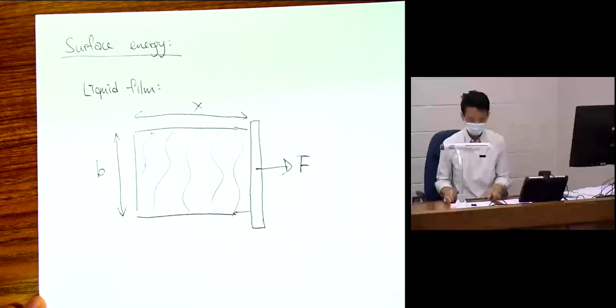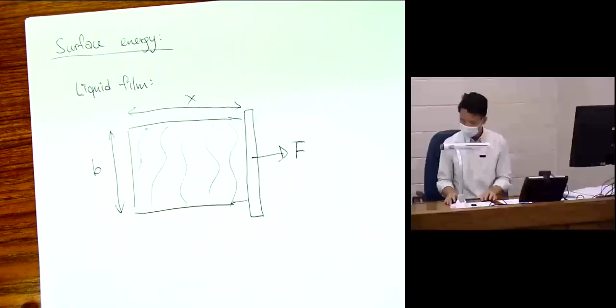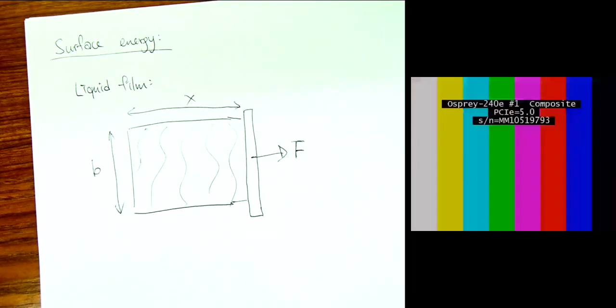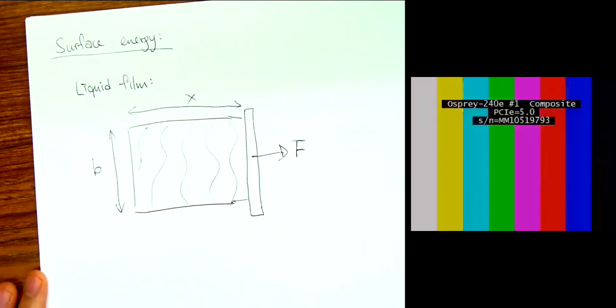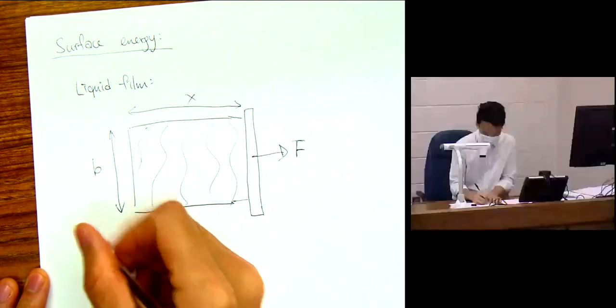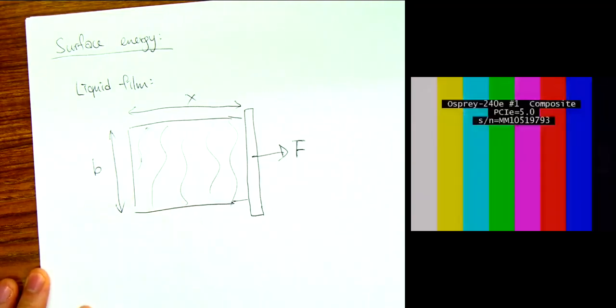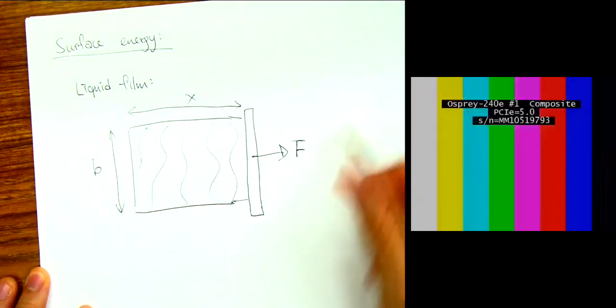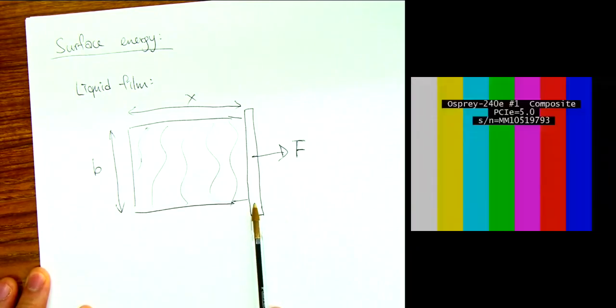So there's surface energy change. Now, surface energy change must correspond to the increase in area. So what is the increase in area? I can do that very easily. Let's say that this is the original position I have.